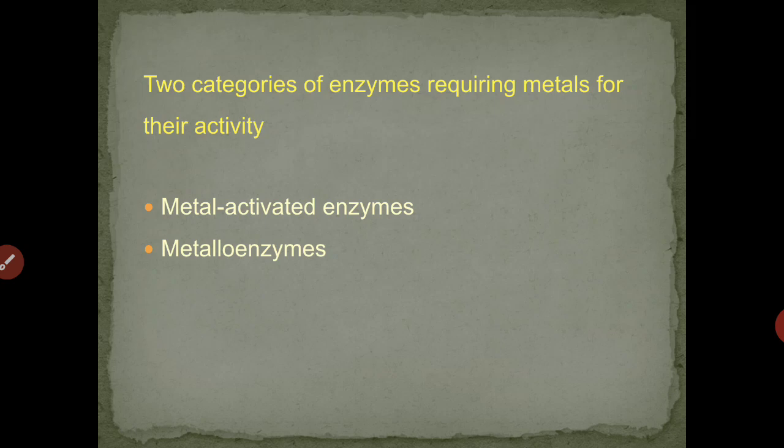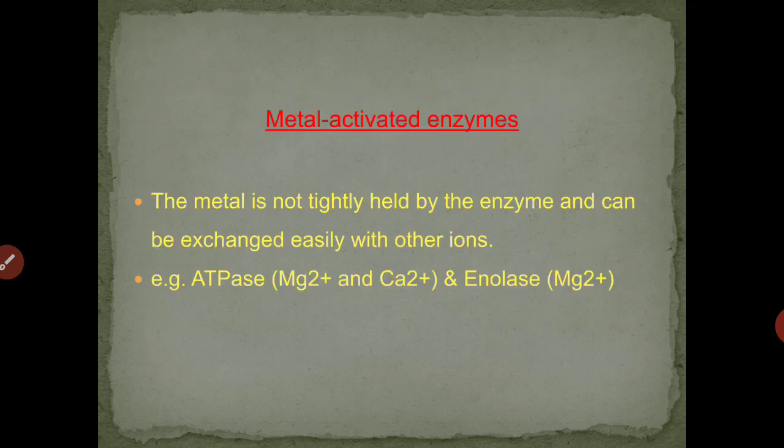And we have two different enzyme categories: metal activated enzymes and metalloenzymes. In metal activated enzymes, the metal is not tightly bound to its enzyme protein.